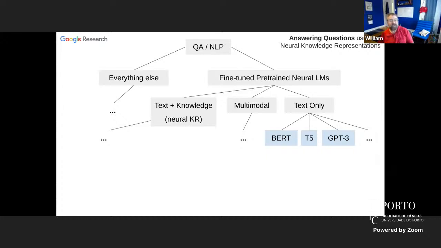The way I've been exploring is to take neural language models, which are widely used in NLP nowadays, and talk about how to integrate prior, declarative knowledge, in some sort of neural knowledge representation, with these language models.